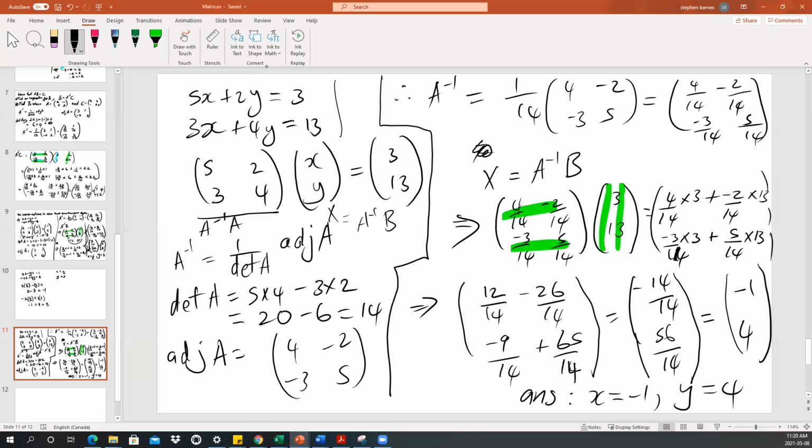If you want to give yourself more work, you can test the other equation. X equals minus 1, 3 times minus 1 is minus 3, and 4 times 4 is 16. Minus 3 plus 16 is 13. So good little mental gymnastics.